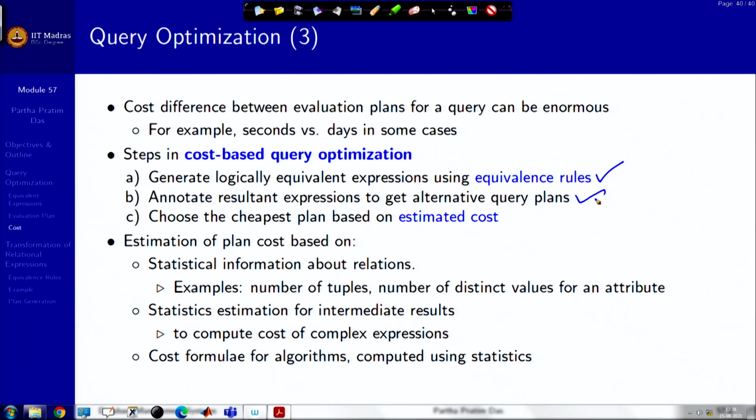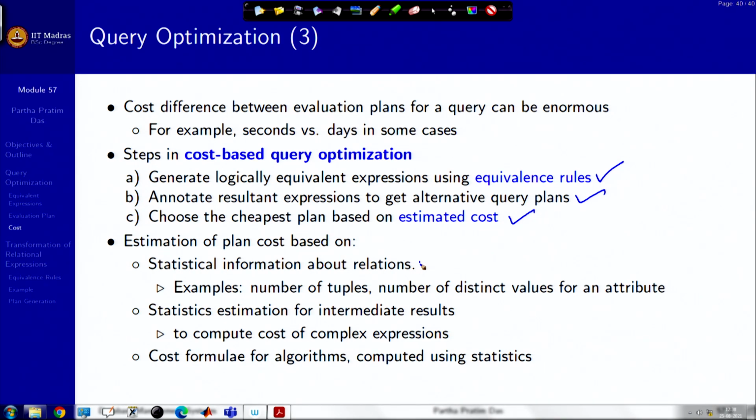Then you will have to annotate the resultant expression to get alternative query plans, right, because once you have alternate expressions, you will know the order in which these expressions will have to be evaluated, what are the possible available indices and so on. So, what is the algorithm that you can choose, and then choose the cheapest of these plans based on the estimated cost.